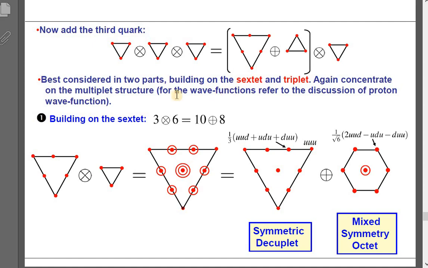The first part, let's talk about building on the sextet, 3 cross 6 state, which yields 10 plus 8. You see, this is the way how it is done. You can do it by yourself and check in your copy, and I've just written one of the states. So this is the symmetric decuplet and this is the mixed symmetry octet.